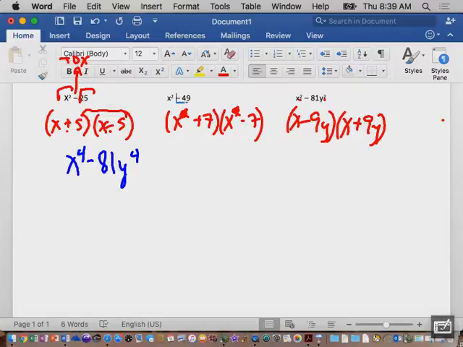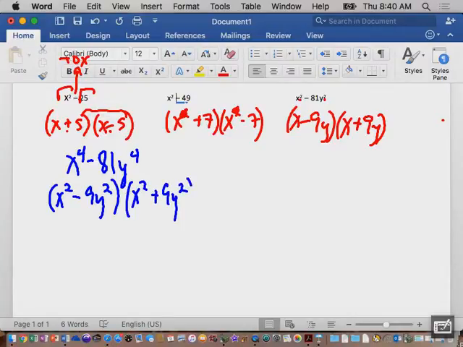Now, if you do the difference of 2 perfect squares, this is what you get: x squared minus 9y squared, and x squared plus 9y squared. We call this, and very carefully now, the difference of 2 perfect squares. I have never said the sum of 2 perfect squares.